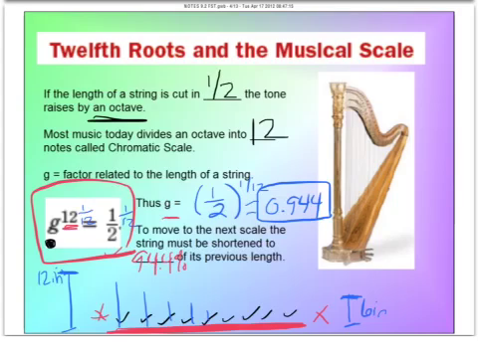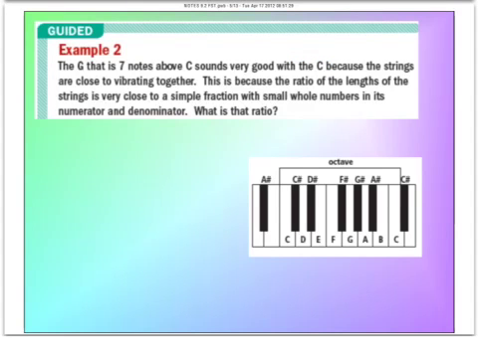Now, taking this into consideration, let's look at a word problem on how this would translate to a piano, for example. Okay, here's the scenario. It says here that the G that is 7 notes above C sounds very good with the C because the strings are close to vibrating together.